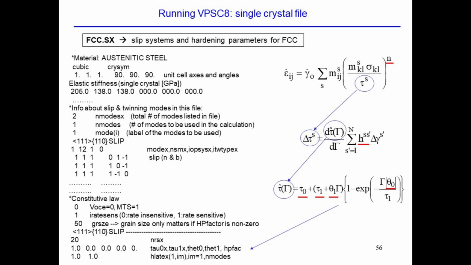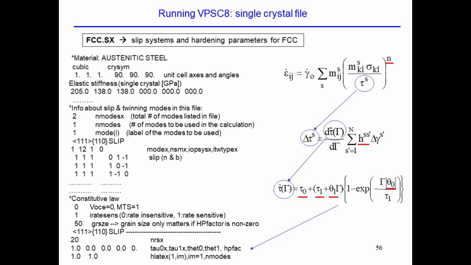Then the single crystal file, and you have probably seen it because the files are available to you, but it looks something like this. I have cut it here because it's too long, but essentially the first part gives the characteristics of the unit cell, so the length of the axes A, B, and C of the unit cell. What matters is the ratio of them.